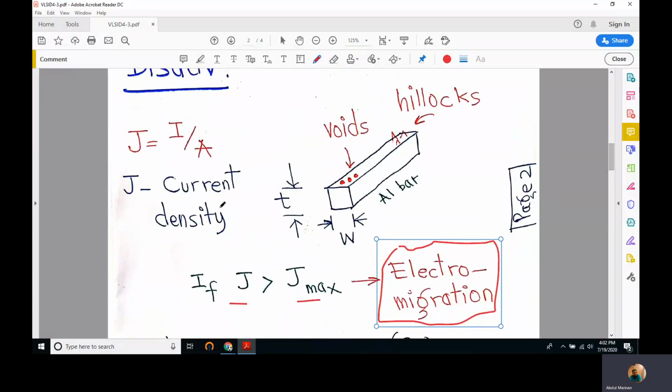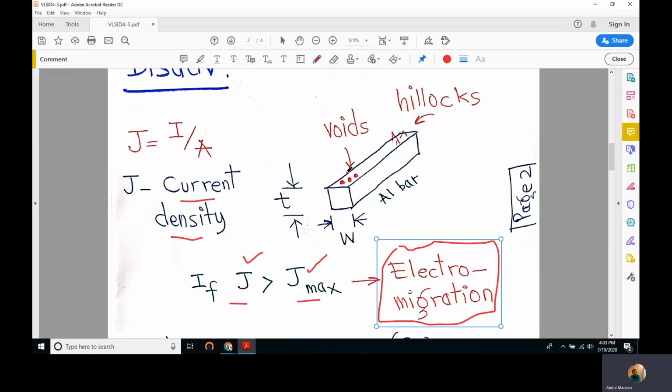We already know J is current density, current per unit area, I over A. So in a given aluminium bar, if the current per unit area increases beyond a certain value J max, along with the electrons, some molecules also transfer from one part of the bar to the other.